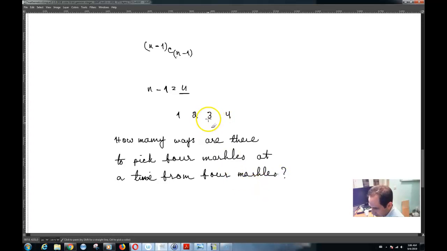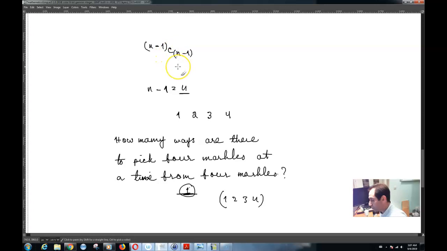And the answer, of course, would be just one way, because you have 4 marbles and you want to pick 4 marbles, so you have to pick all of them. So 1, 2, 3, and 4, you have to pick all of them, and there would be only one way of selecting these 4 marbles out of the 4 marbles. So that's equal to 1.